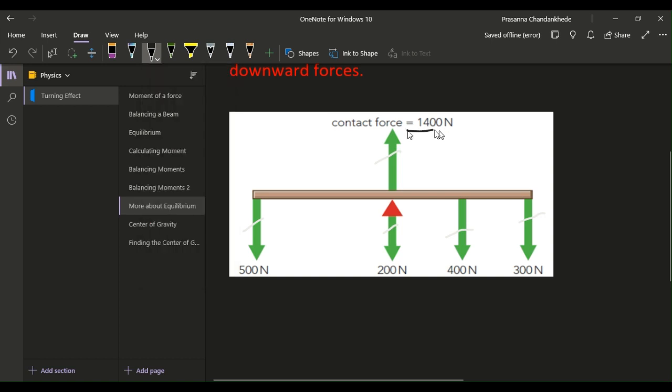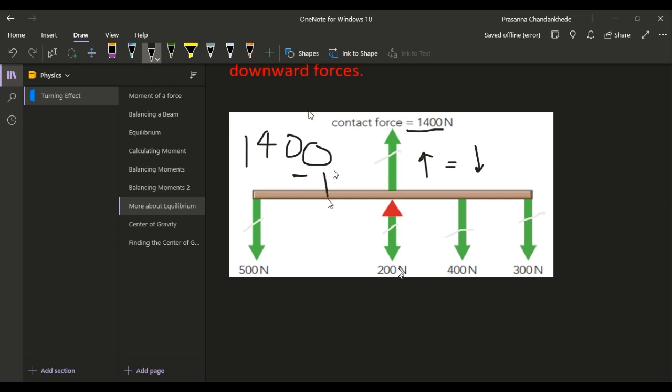Since this is going up, up should be equal to down. Just remember this. So 1400 should be equal to, let's do 500 plus 200, 700 plus 400, that'll be 1100, plus 300, that'll be 1400, which makes sense when we say it's in equilibrium.